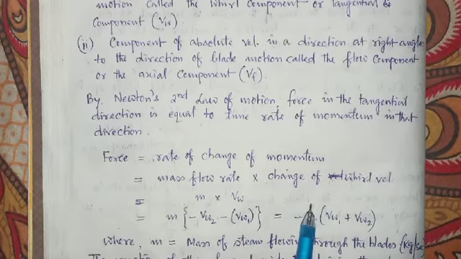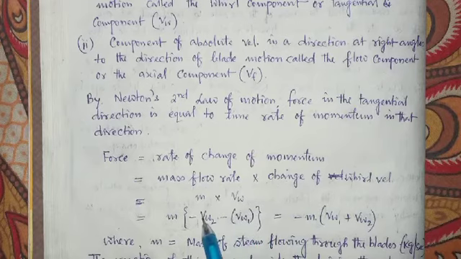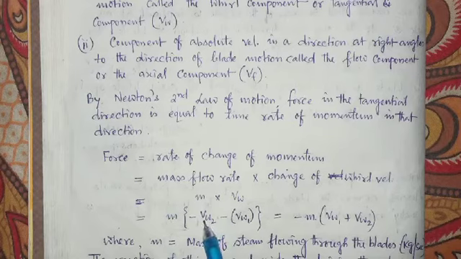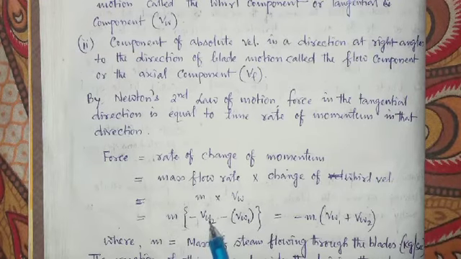VW2 is negative over here. It is shown negative because it is measured in the direction opposite to that of the blade motion. If the blade is moving clockwise, the direction of VW2 is counterclockwise.